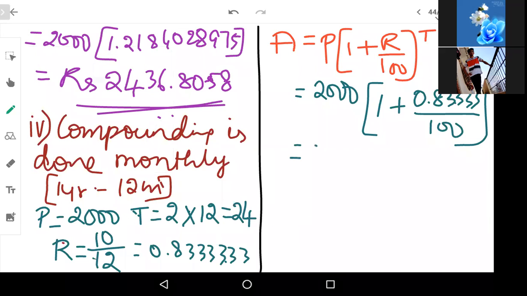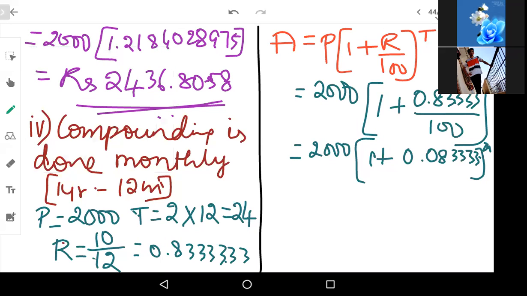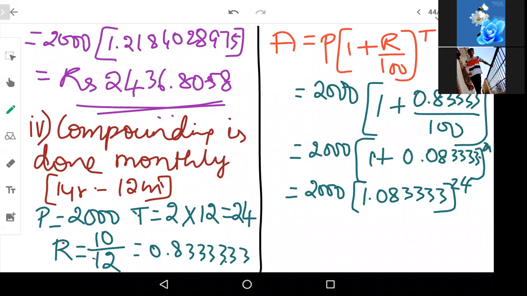So 2000 into 1 plus 0.083333 to the power 24. So 2000 into 1.083333 to the power 24.